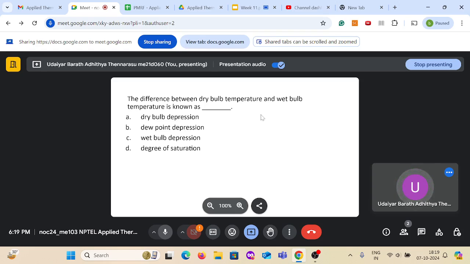Wet bulb temperature will always be lower than the dry bulb temperature, so there is a depression, and there is always a difference between them. So it's called wet bulb depression. So the answer is option C, wet bulb depression. This difference between dry bulb temperature and wet bulb temperature is known as wet bulb depression.